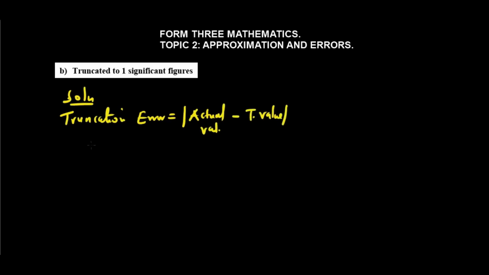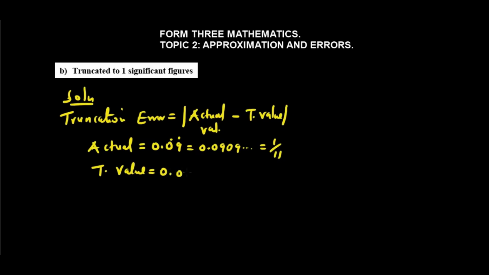So for this particular case, the actual value still remains 0.09 recurring, which we still have as 0.0909 recurring, and that is 1/11. And the truncated value will be 0.09.